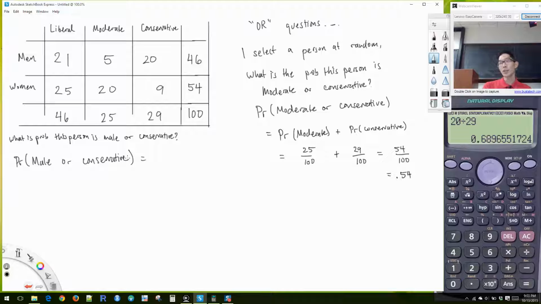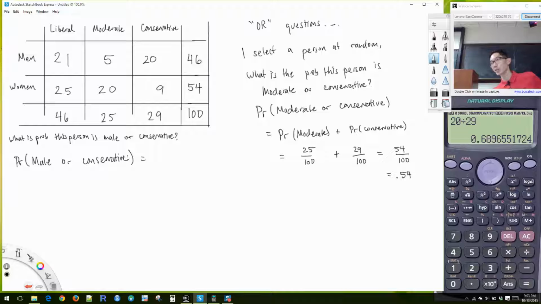So we're asking, what's the probability that this person is male or conservative? You're essentially saying it's an and/or: do you like chocolate and/or vanilla ice cream? We don't do that in everyday speech because it would sound really pretentious. But there is a difference, and I illustrated that by emphasizing the pauses a little too much.